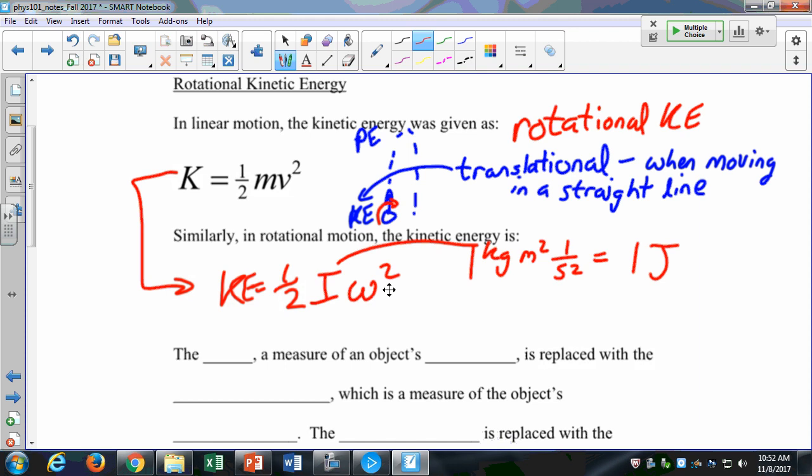So our rotational kinetic energy is also measured in joules. It's kilogram meter squared per second squared. This is my moment of inertia, mr squared. This is my speed squared, radians squared per second squared. I don't write the radians, because radians, not really a unit. Okay, we've been writing it, but it's sort of as a placeholder. And so now my physical units are kilogram meter squared per second squared.